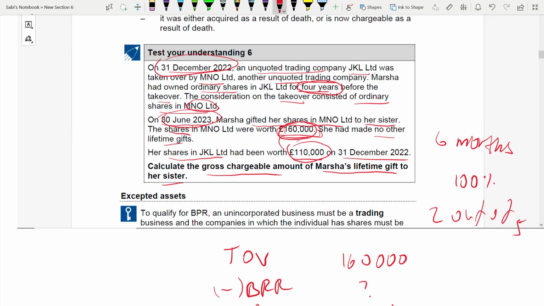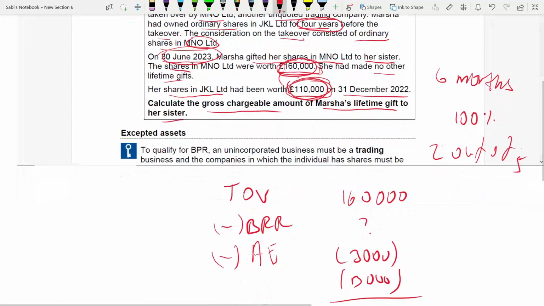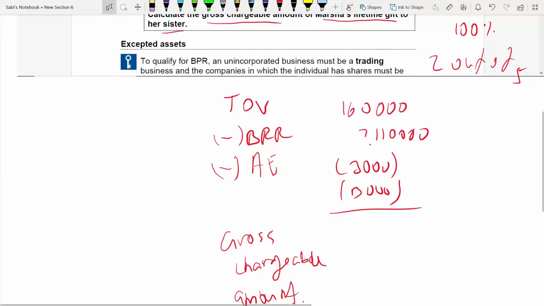If you see, the replacement amount is greater than the original amount, so you have to give BPR up to 110,000, not 160,000. So BPR is restricted to 110,000, as that is the BPR that would have been given on the original property that was replaced. It cannot exceed it. So because 110,000 is BPR, the gross chargeable will be 44,000. You have to write these conditions in the exam and then do the calculation part.